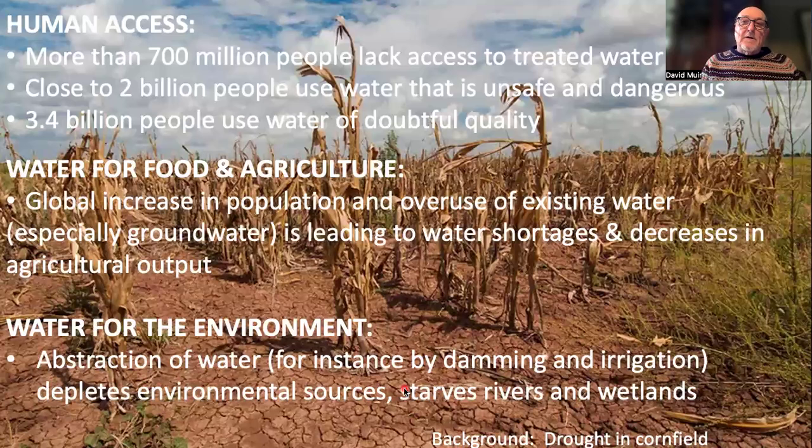So in further examining this, we realized that there are three areas really where water is of tremendous importance. First of all, human. We've already discussed that more than 700 million people lack access to properly treated, healthy, safe water. And about 2 billion access water which is unsafe, has the potential to be unsafe and dangerous. Now, the difference between these is that these are people very often who may be accessing river water, for example, or well water.